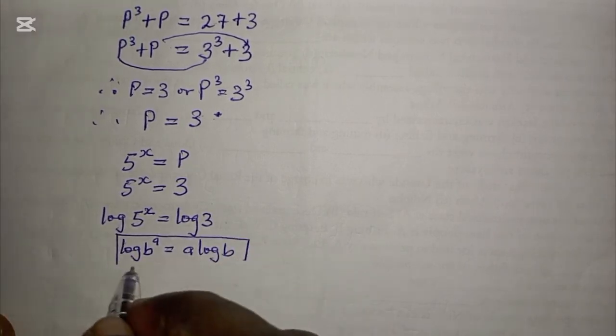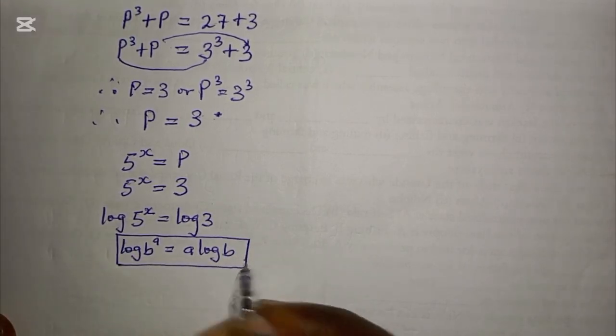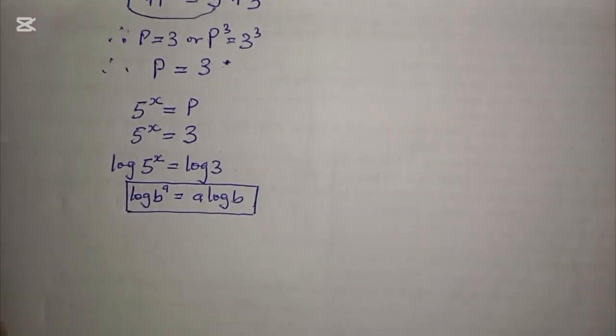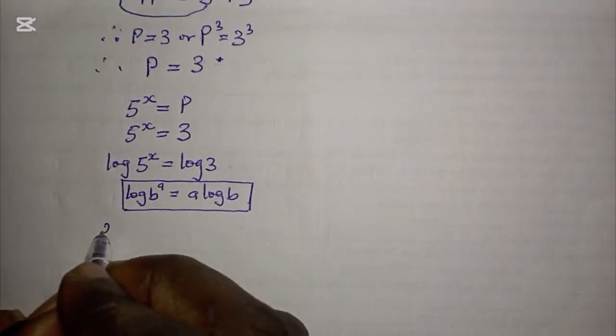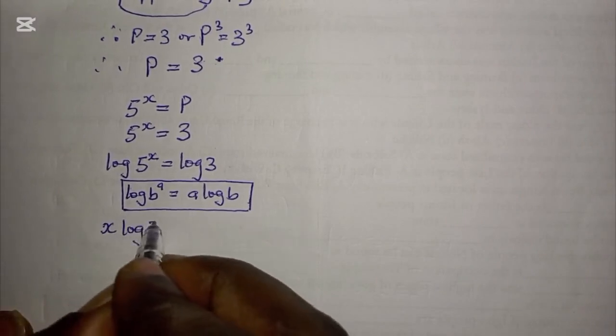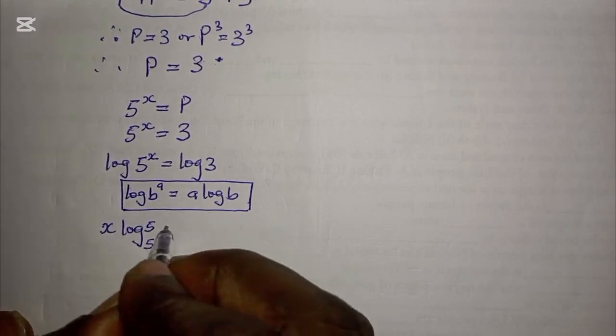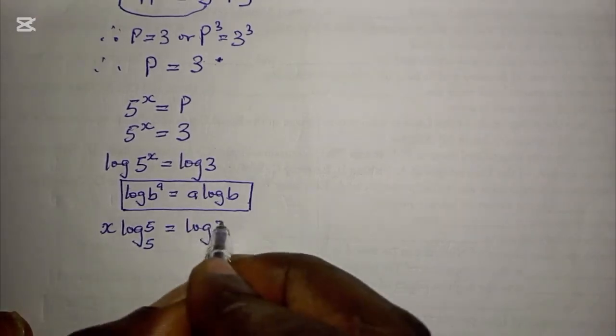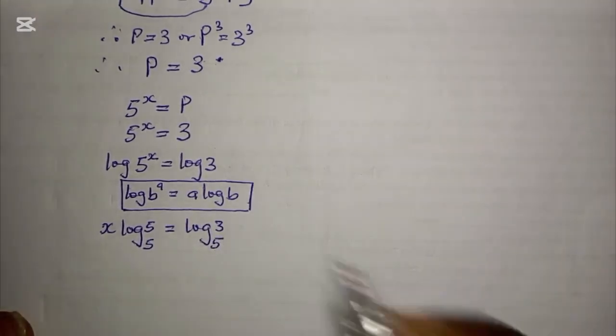If you apply this power rule, we are going to have x log 5 base 5 equals log 3 base 5.